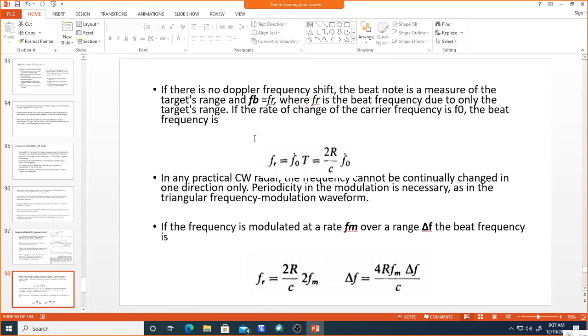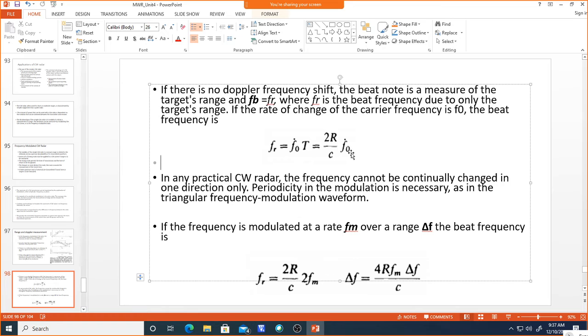With respect to that reference frequency, or the beat frequency generated, the range can also be extracted. If there is no Doppler frequency shift, the beat note is a measure of the target's range. That means we are able to measure the range of the target.